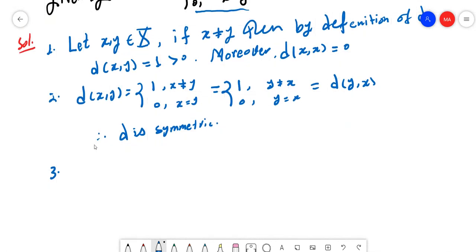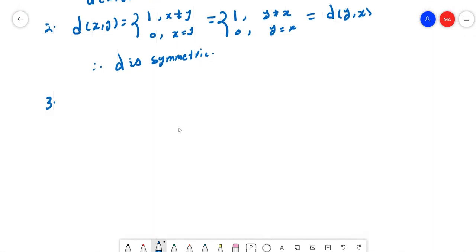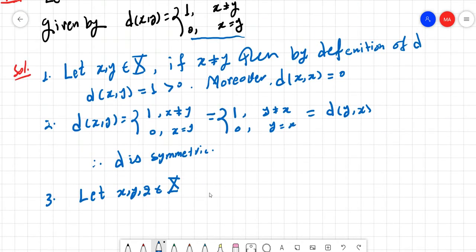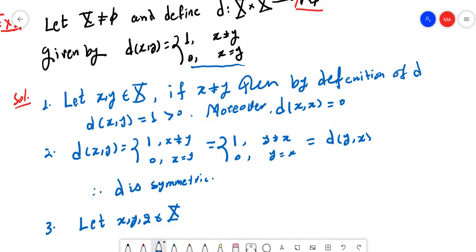Simply let x, y, and z be in X. As you see, we need to check more than one case because we have the definition of D in terms of 2 points in X. So we need to check when the elements x, y, and z are totally different, or when they are all equal.